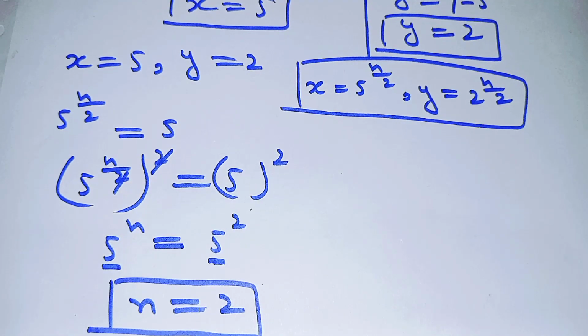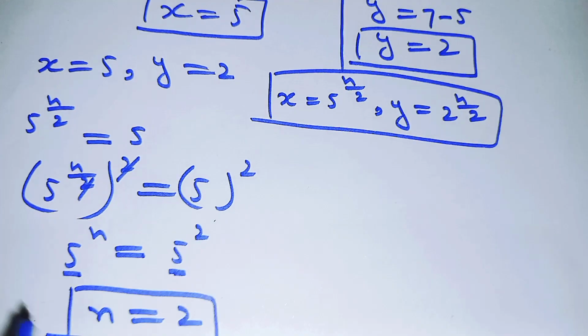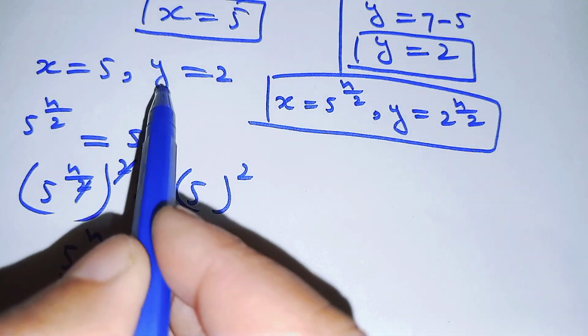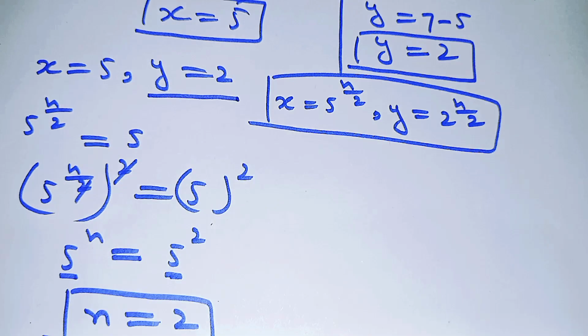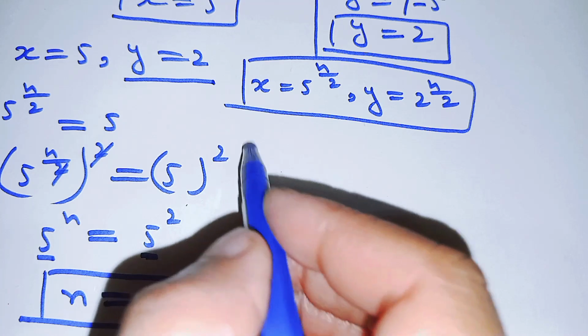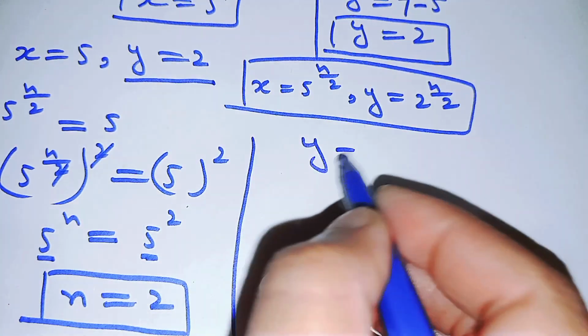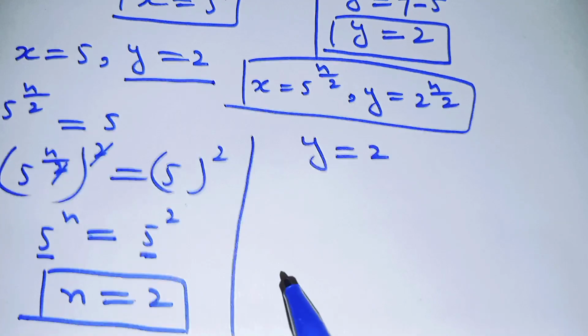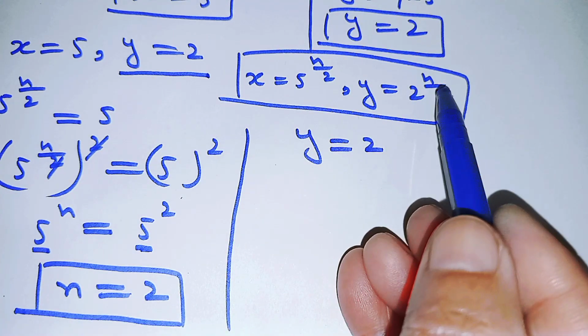Now in the second case, in the same way, we solve with y is equal to 2. So in the third case, y is equal to 2, and the value of y is 2 to the power of n over 2.